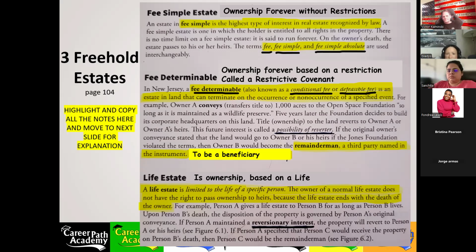Yeah, it's the highest form of ownership interest in real property recognized by law. It's ownership forever without restrictions. You own it forever, so when you die, you could dictate who gets it.